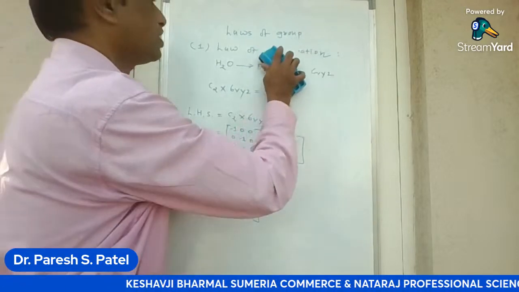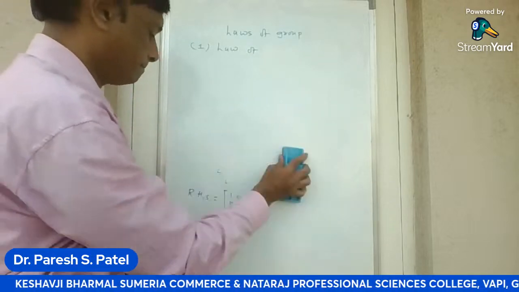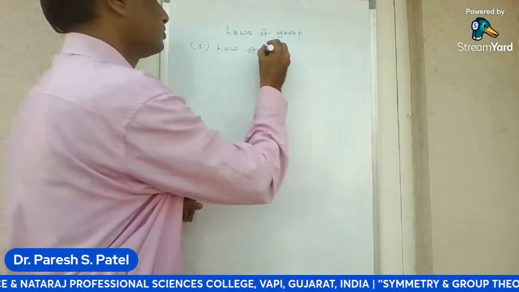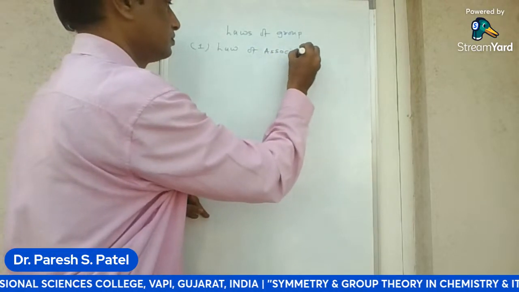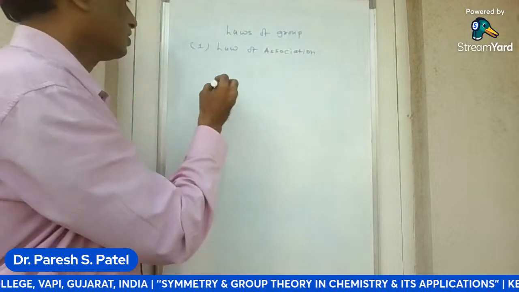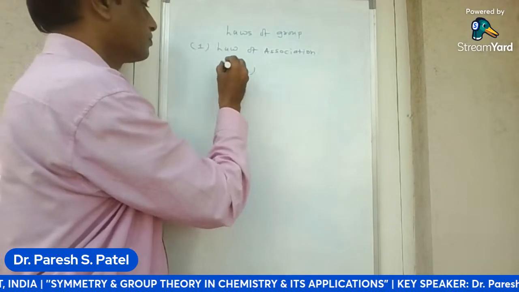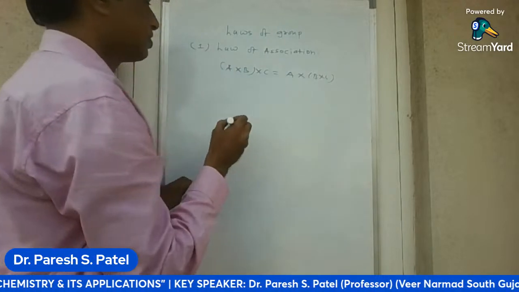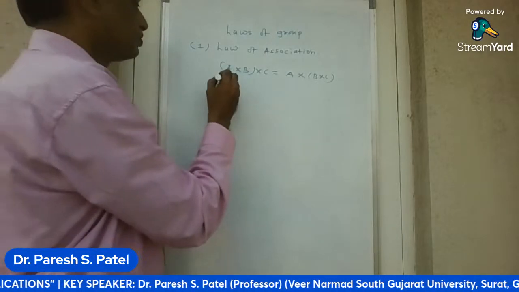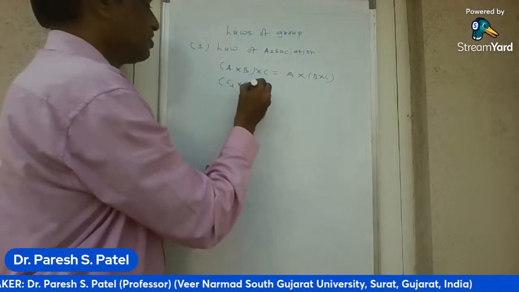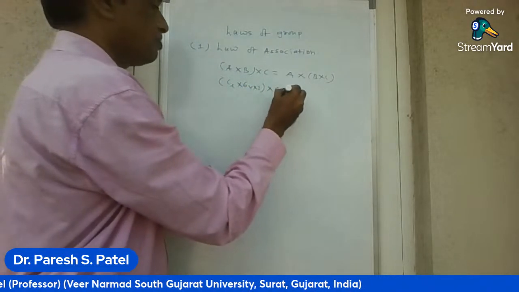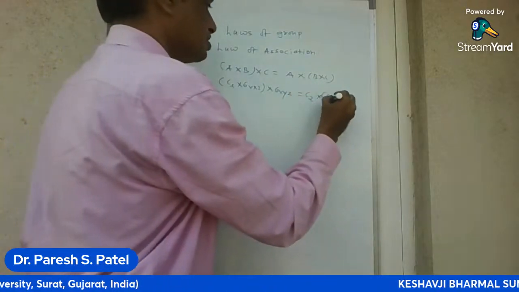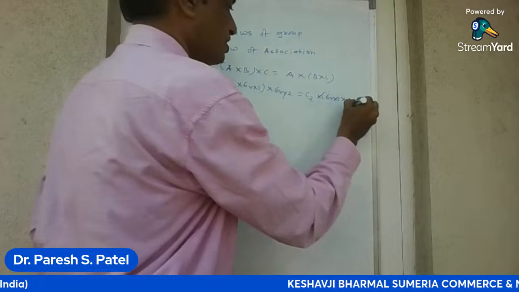Now, the law of association. A cross B into C is equal to A into B cross C. So in case of the water molecule, C2 into sigma Vxz into sigma Vyz is equal to C2 into sigma Vxz sigma Vyz.